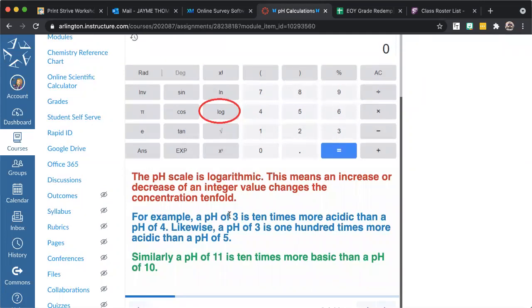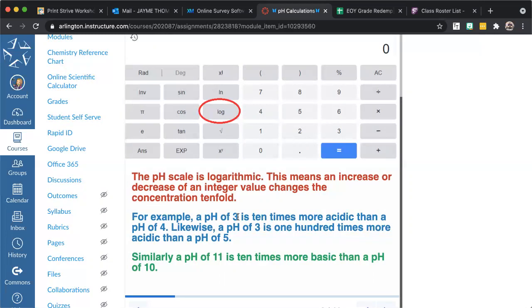For example, if I compare a pH of 3 to a pH of 4, that's only a difference of 1 on the pH scale, but the substance with a pH of 3 is 10 times more acidic than the pH of 4. If I compare a pH of 3 to a pH of 5, I've moved two spaces on the pH scale, so that would be 100 times more acidic.